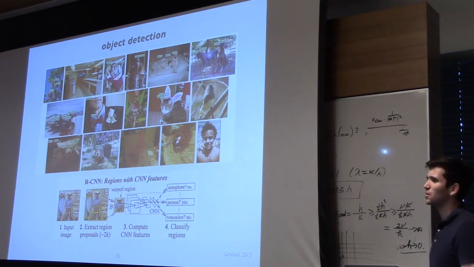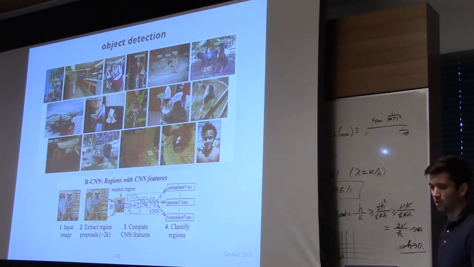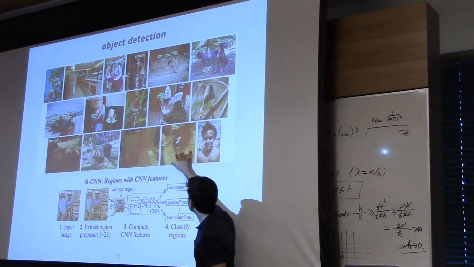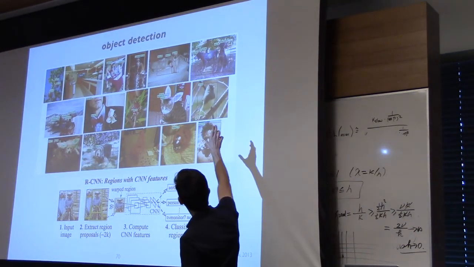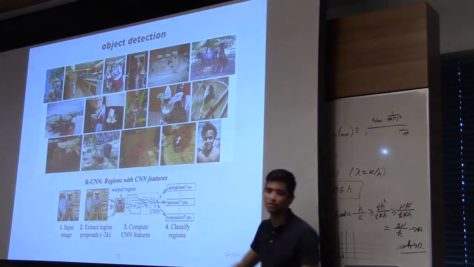It's incredibly slow, but it works. This was called RCNN, and it came out a few years ago. And you can see that now you can detect a ladybug, so you know exactly where the ladybug is located in the image. You know where this bird is, where there's a cat wearing bunny ears. You can select out these specific things.